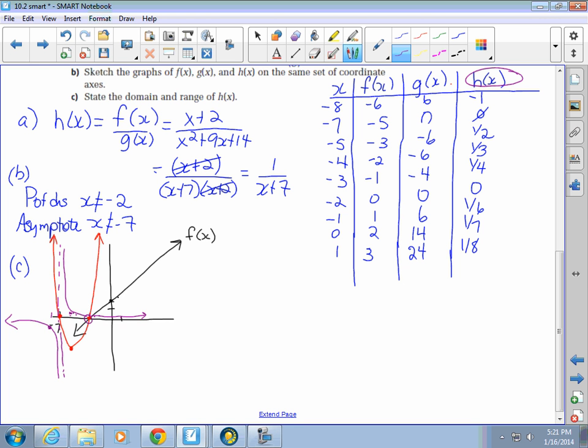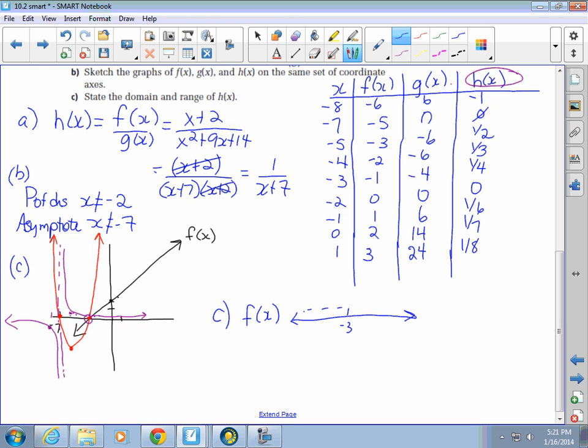So C part says state the domain and range of just h(x). Okay, so if I look at h(x), I can do the domain and range of the first two. So for x is an element of, or for f(x), when I had, if I put in a -2, I have 0. -3 is going to be a -1. So at -3, I have negative values.